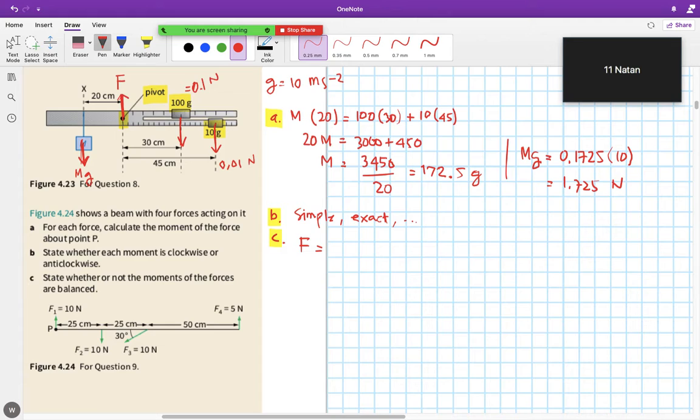So F on the pivot is 1.725 plus 0.1 on the 100 gram, and the third one is 0.01. So the total force on the pivot is 1.835 Newton. That's it.